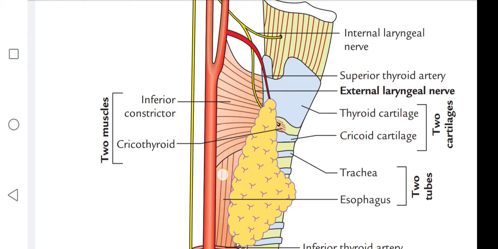Next, two cartilages. What are the two cartilages? Thyroid and cricoid cartilage. This is the thyroid cartilage, and just below this is cricoid cartilage, and just below it is continuous as trachea. Okay, thyroid cartilage, cricoid cartilage, and trachea. You may learn like that, it is easy for you.